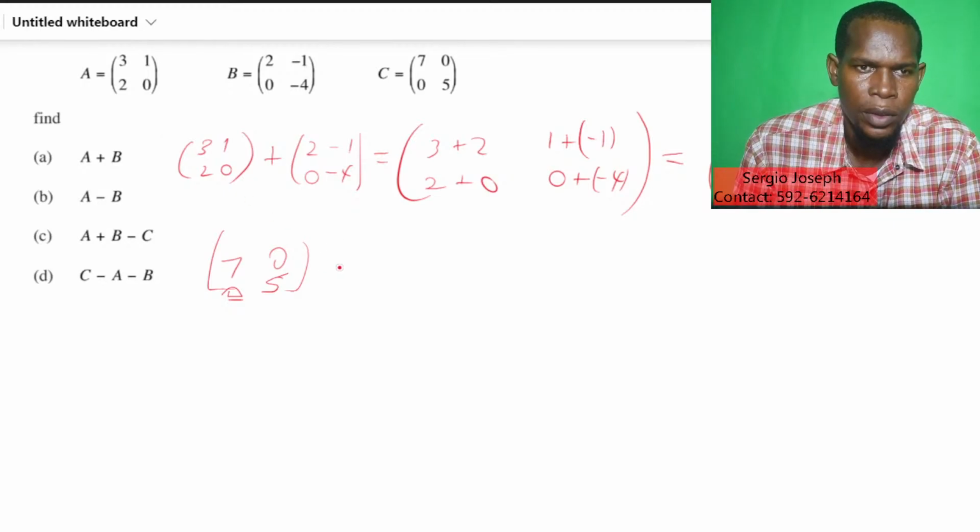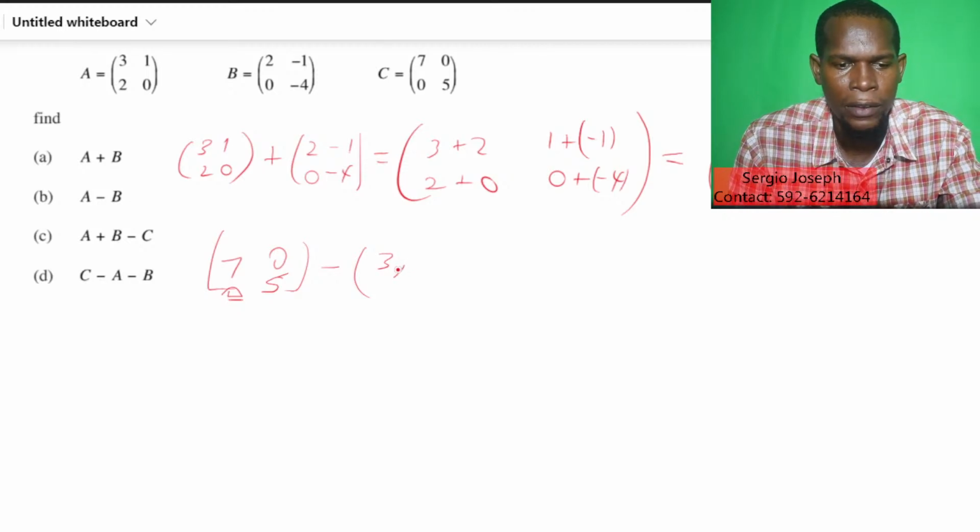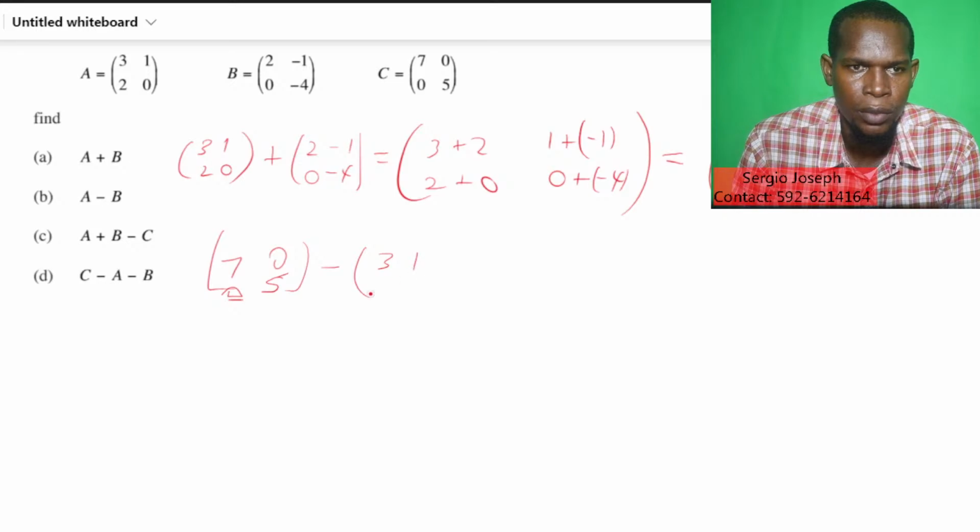So let's go. Then you have minus A, which is 3. And you notice here, don't put the comma between, just white space, 3, 1, 2, 0. As I said, anytime you have these, always ensure that you start from your left hand when you're doing these sums.